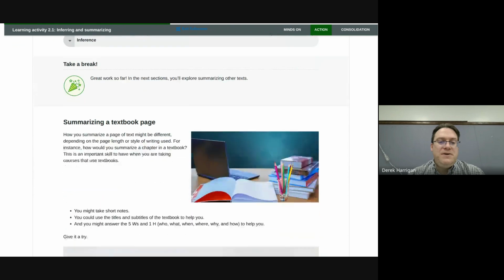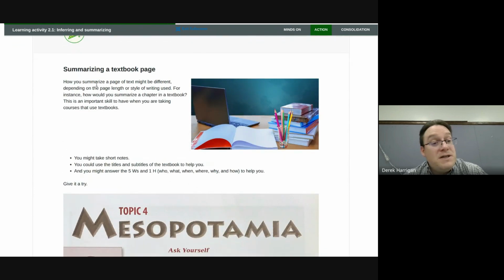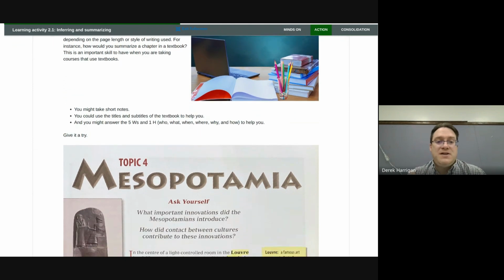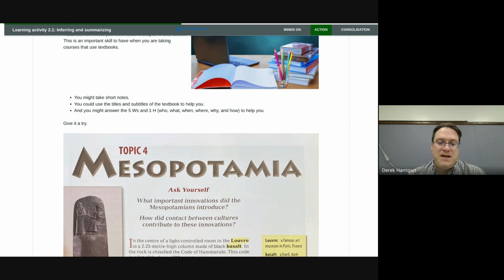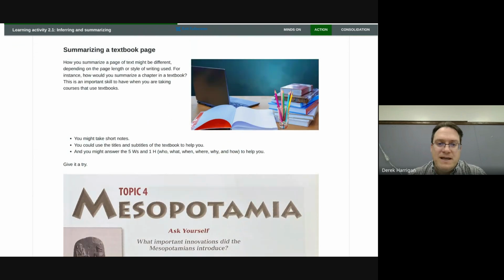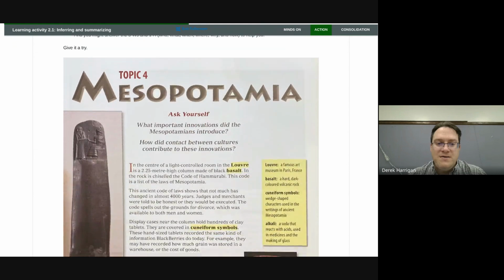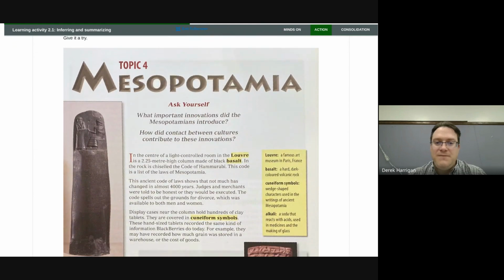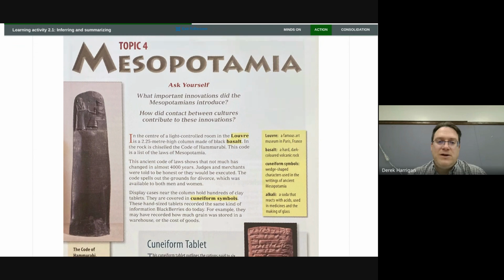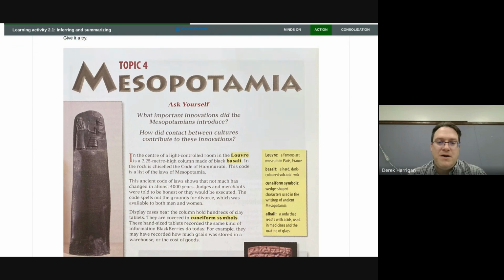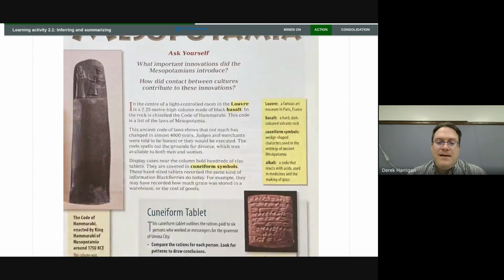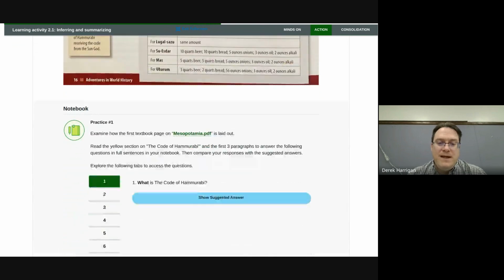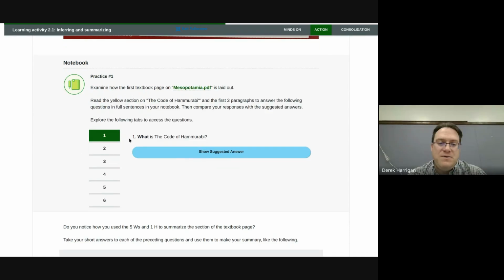If we continue here, they'll give you an example of summarizing, and they'll show you a textbook page. I'm assuming this is from a history textbook. This would be a subject that I would be interested in. So if we take a look at this textbook page on Mesopotamia, you can read through it, and then they're going to ask you what, where, when, why, who, how.